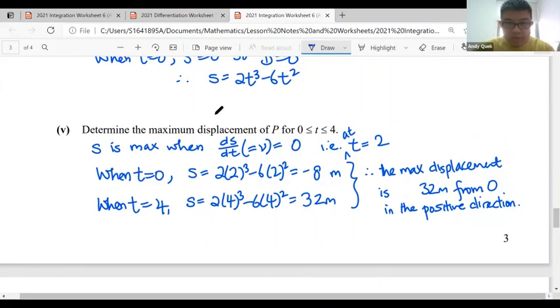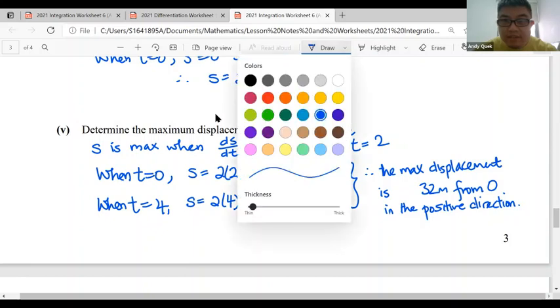So although minimum maximum often has to do with turning points, sometimes I need to look at the shape of the graph. Okay, let me explain what I mean, and then we will stop here, right?